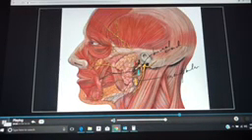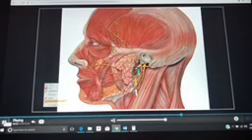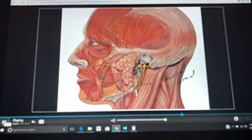The mandibular branch of the facial nerve, or they also call it the marginal mandibular branch. And then finally, you have your cervical branch of the facial nerve. So again, my emphasis is on the branchings of the facial nerve as it exits out of the skull. And you see them right there. Okay, so we're done with that, folks.